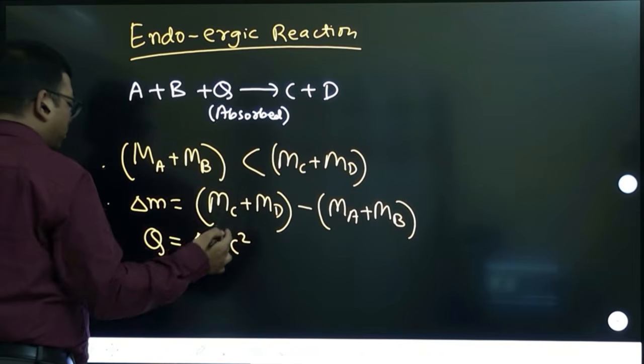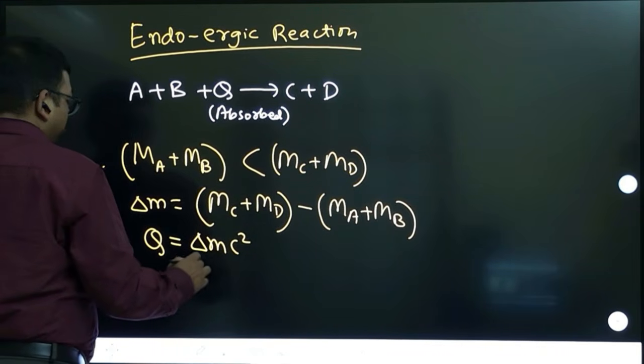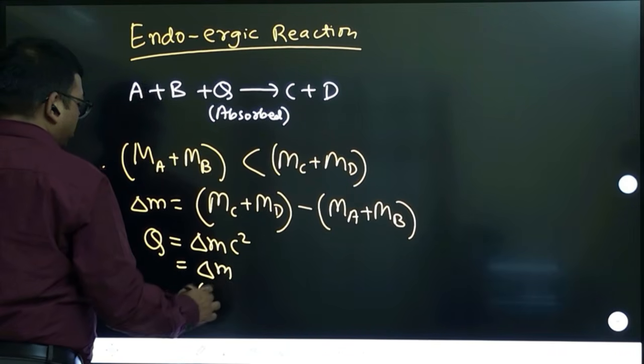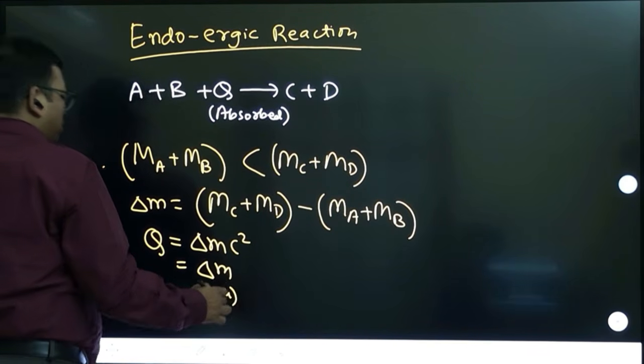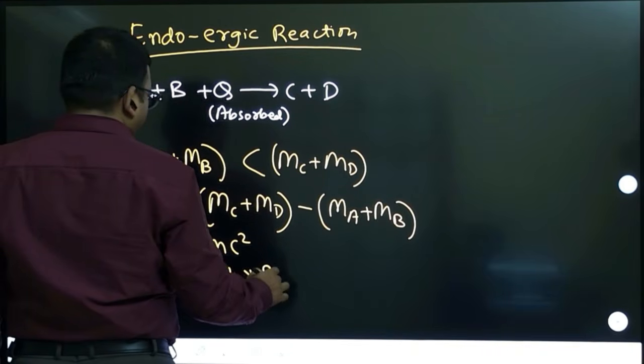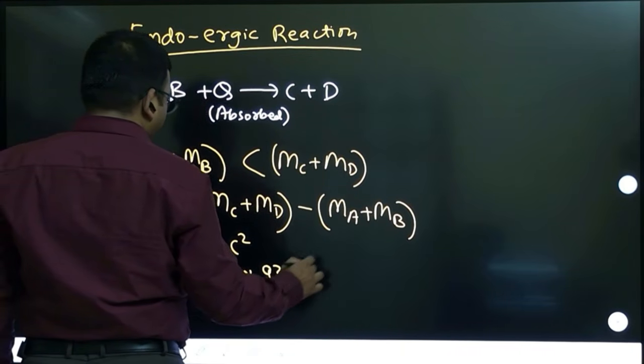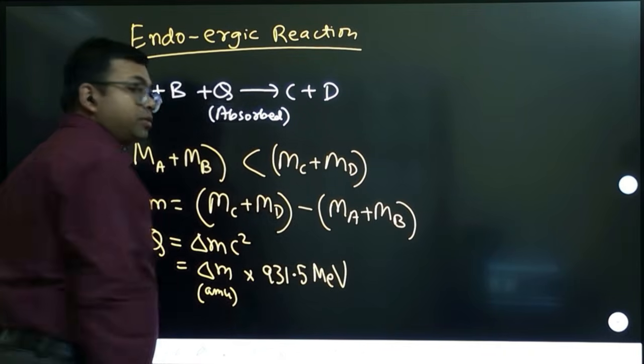This heat is absorbed, and again we can write this as delta M in atomic mass unit multiplied with 931.5 million electron volt.